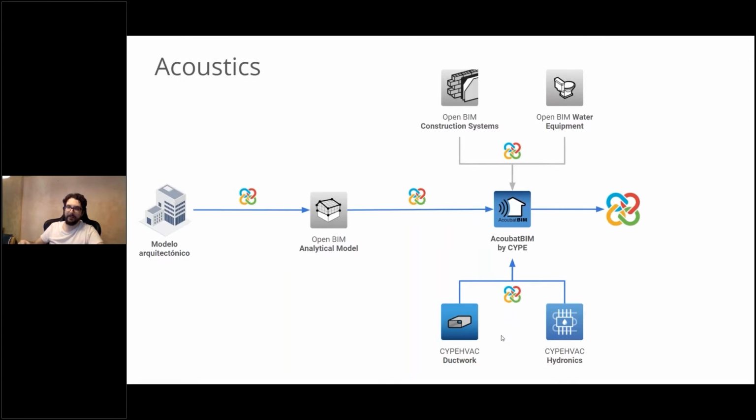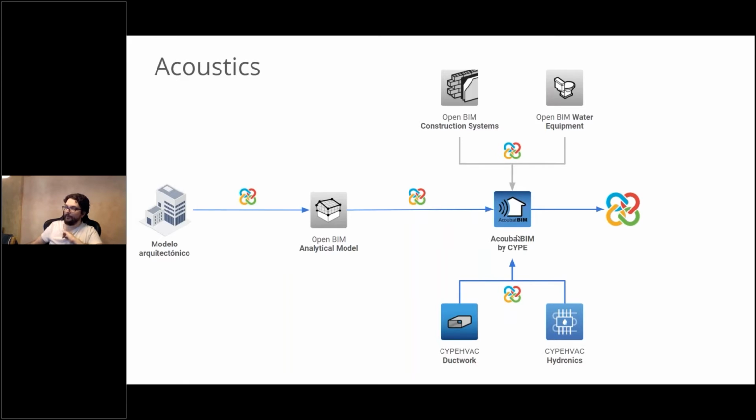All of these are applications that are available in SYPE from the BIMserver.center store. I will show you that. So we can use SYPE HVAC to introduce the HVAC installation in order to calculate the compressor level in grills and diffusers. And then we can introduce the machines in SYPE hydraulics again to calculate the compressor level.